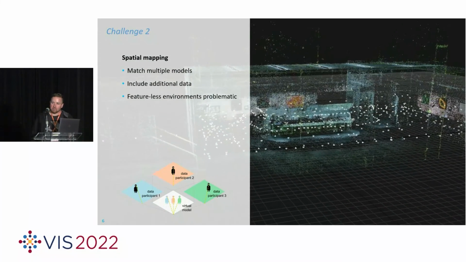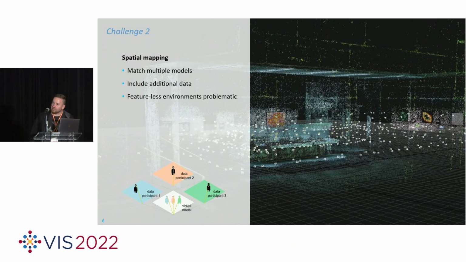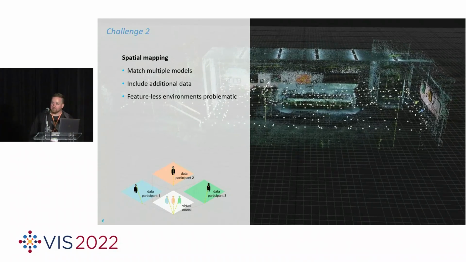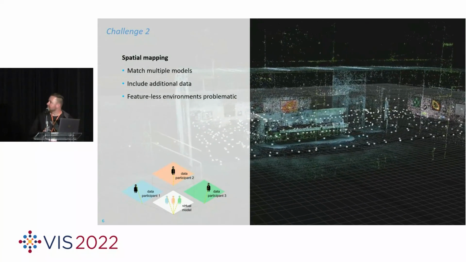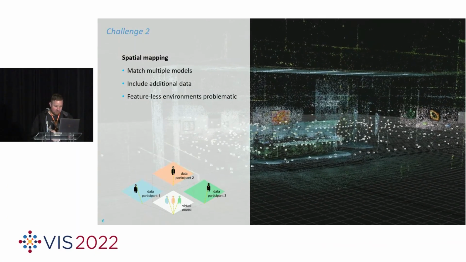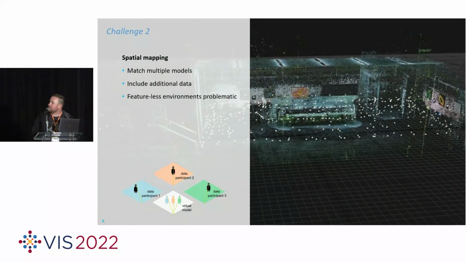And as you can see in this example here, you can also include additional models. The mesh from the HoloLens is not so detailed. So what we did here, we created a photogrammetry model with a lot of pictures that allows you to basically reconstruct the environment in a more photorealistic way, and that you can match together with the other models to create some kind of databases for further analysis.